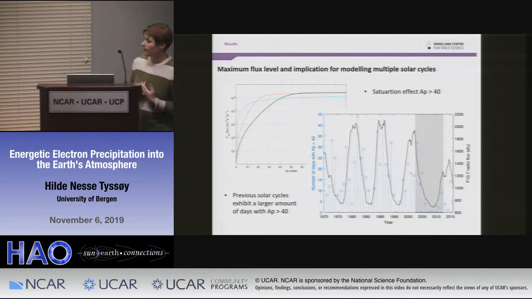So this is a problem when you use this input and try to estimate the EPP effect going several solar cycles back, and we should be aware that there might be a larger underestimation than I've shown so far because of the saturation effect.